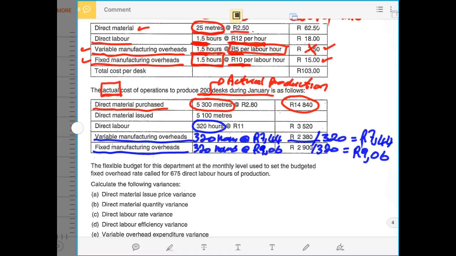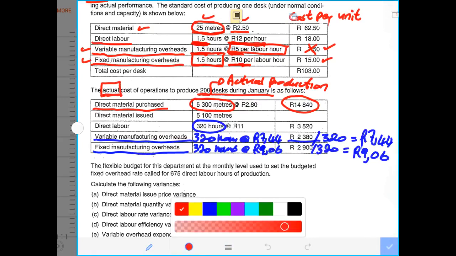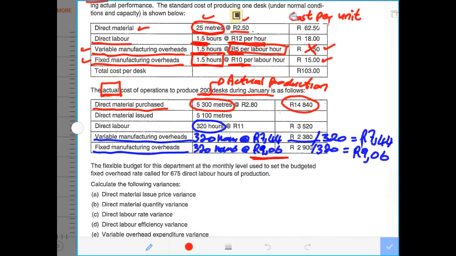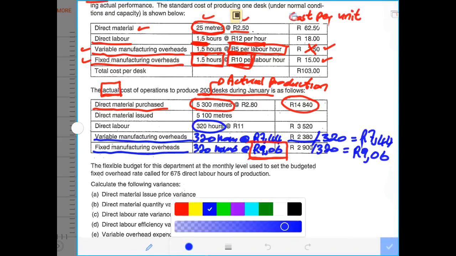Let us now do the last comparison for the fixed overhead. We can see that our actual fixed overhead per labor hour is 9 rand 6 cents, and the standard fixed overhead per labor hour was 10 rand previously. So now we can obviously see that there is a variance.